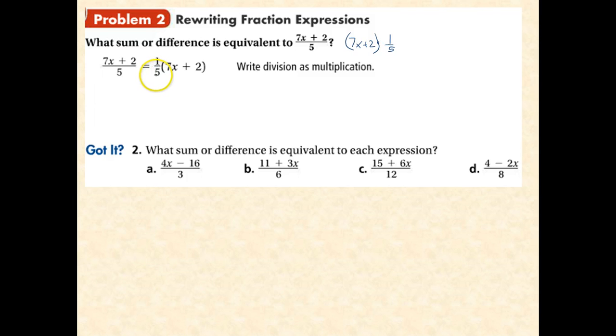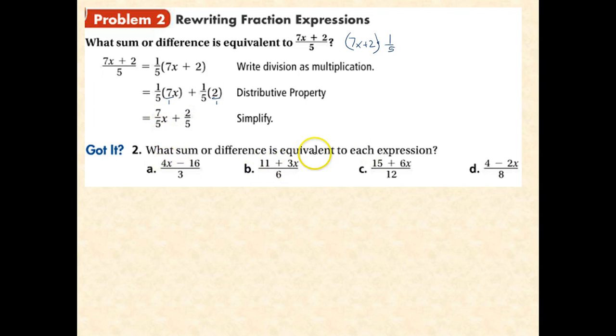And then we can multiply or distribute the 1/5 through the sum. And then 1 times 7 over 1 is 7 over 5 times 1 is 5, 7 over 5, and then this will be 2 over 5. So this is the sum.